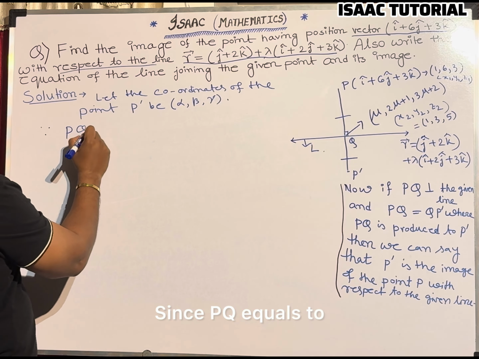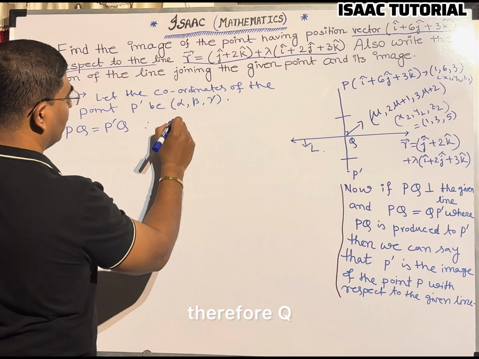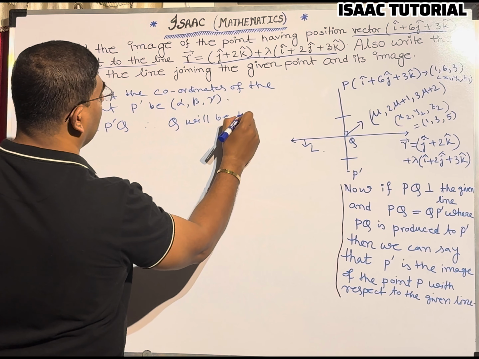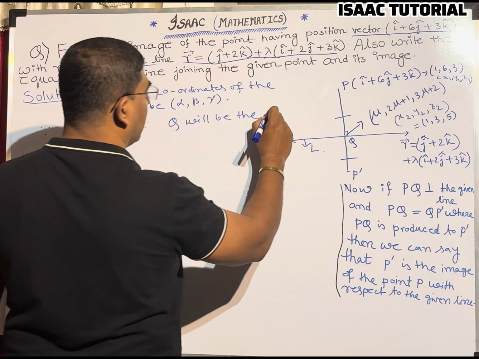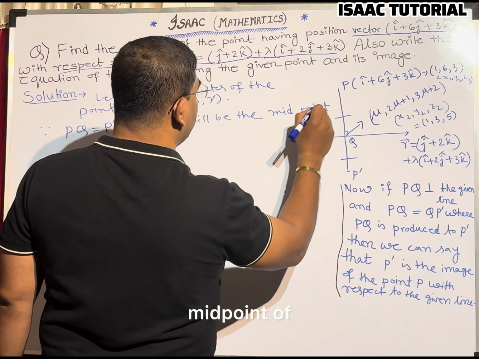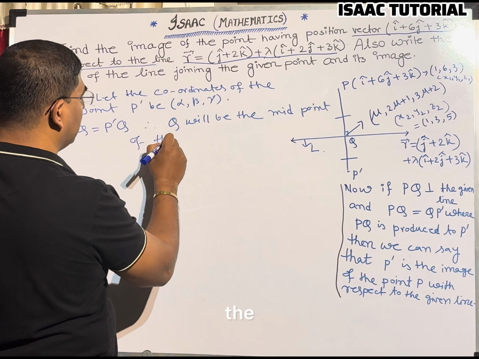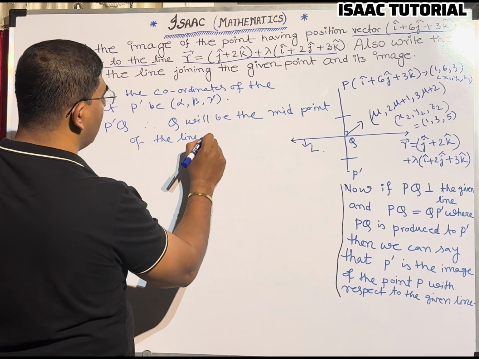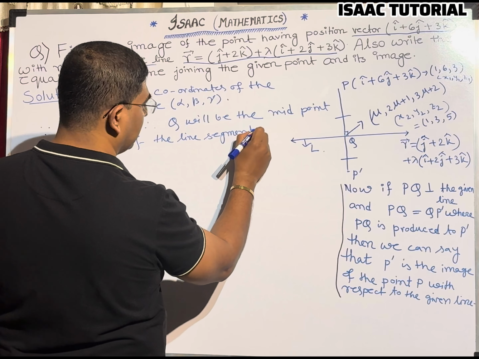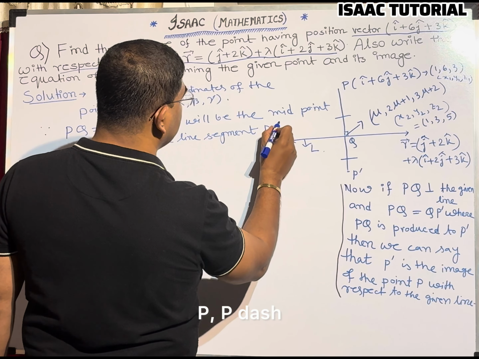Since PQ equals P dash Q, therefore Q will be the midpoint of the line segment P P dash.